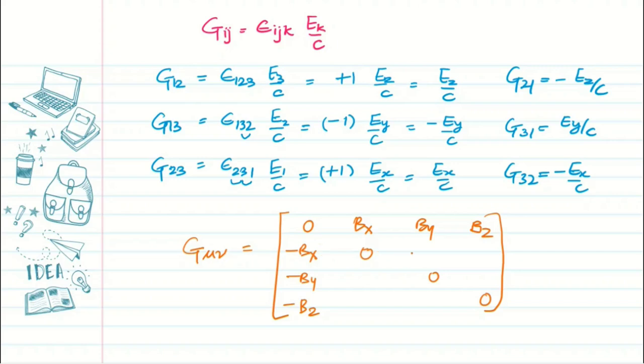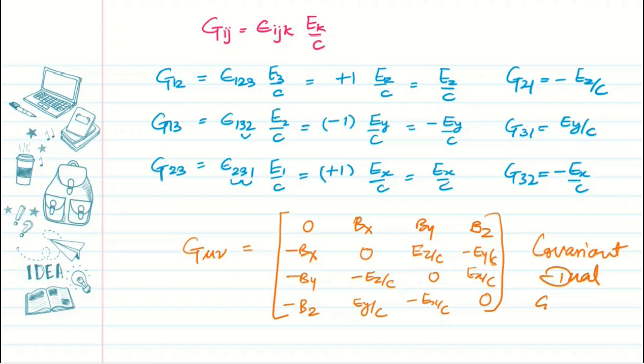G12 will be Ez by c, G13 will be minus Ey by c and G23 will be Ex by c, with their antisymmetric counterparts. So this is our covariant dual EM field tensor.